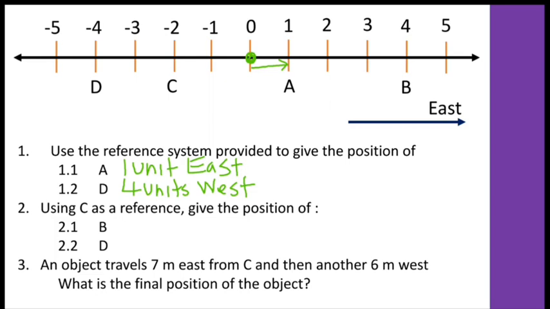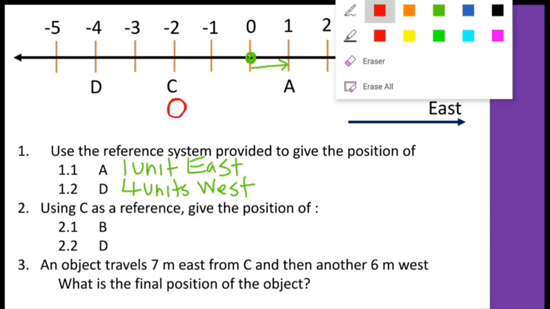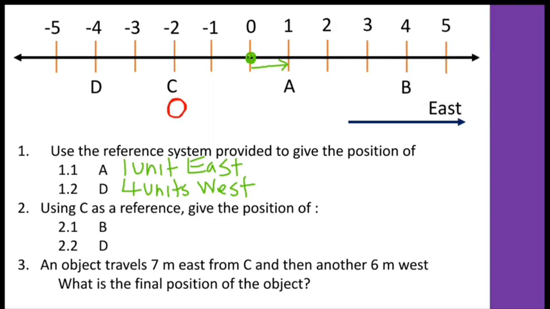Using C as a reference, give the position of B. If C is the reference, it means it's the 0 point. So this is where 0 is, right? So what is the position of B? How many meters do I need to travel from C to B?